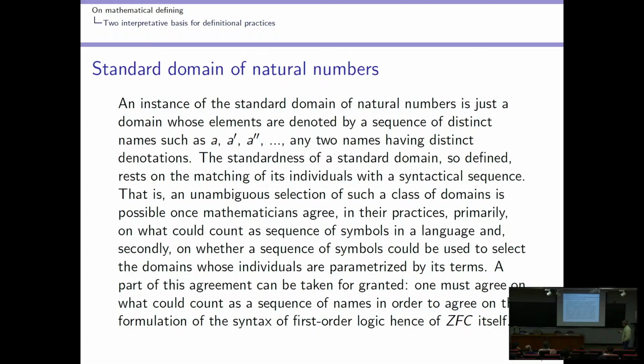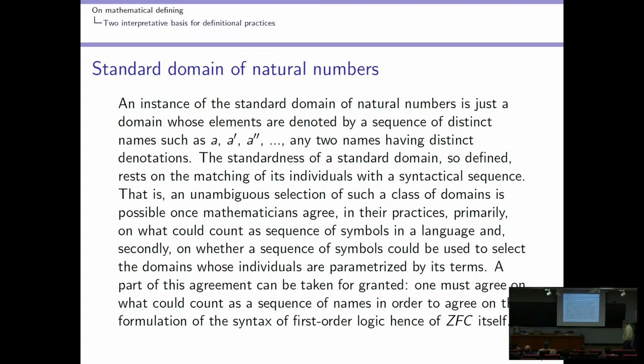If we cannot agree on this, we cannot agree on what our first order theories are, for example. And secondly, on whether a sequence of symbols could be used to select the domains whose individuals are parameterized by its terms.